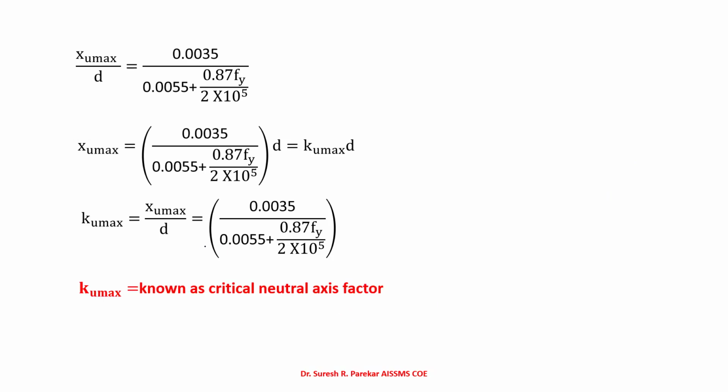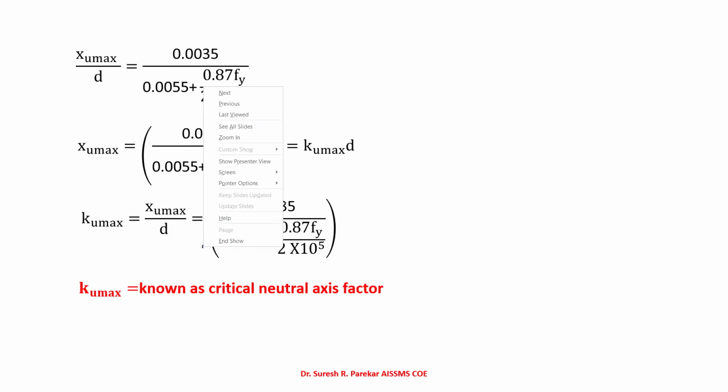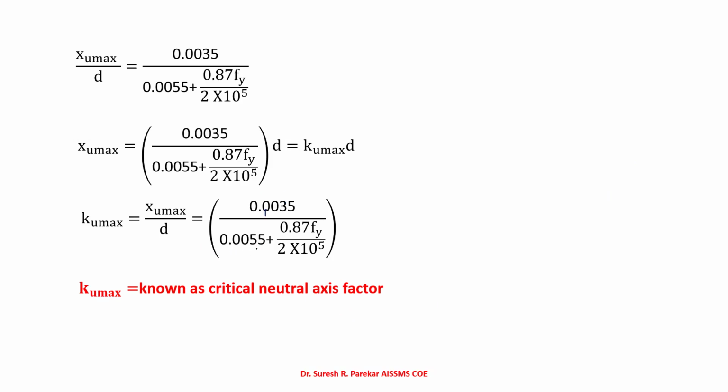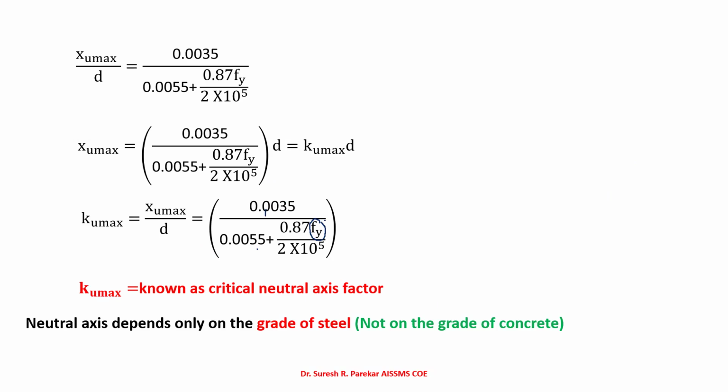And then we have just modified it where ku max we have this value, that is 0.0035 upon 0.0055 plus 0.87 fy upon Es. So it only depends on grade of steel and not grade of concrete.